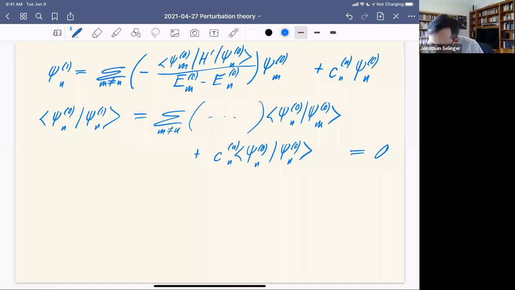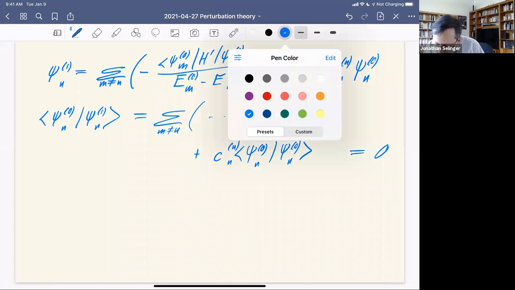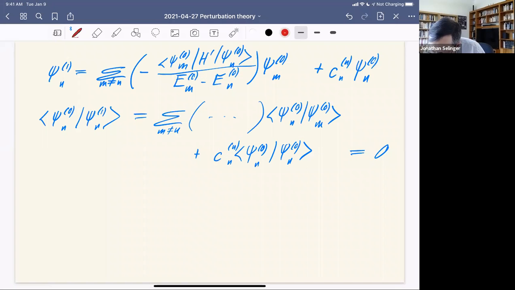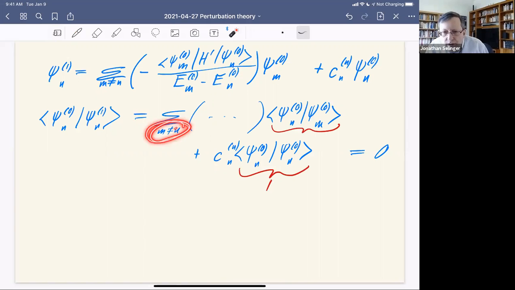Well, luckily, we know some of these inner products. We know this inner product is 1. And we know this inner product is 0, because in this sum, we have m not equal to n. So that inner product is 0.